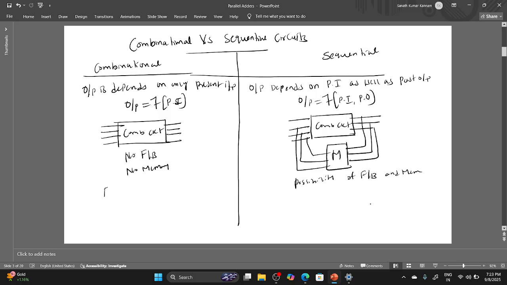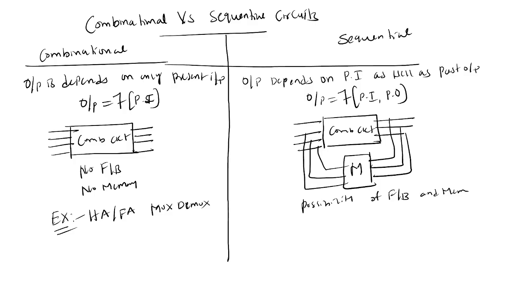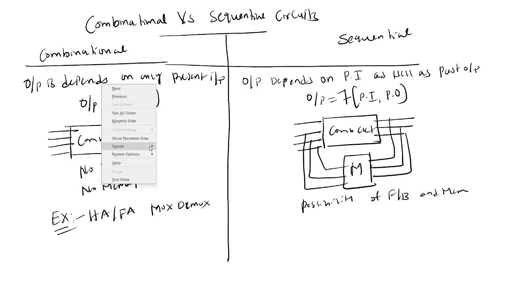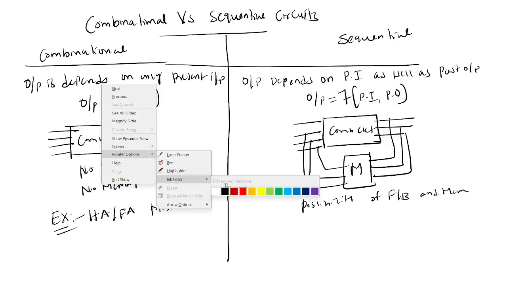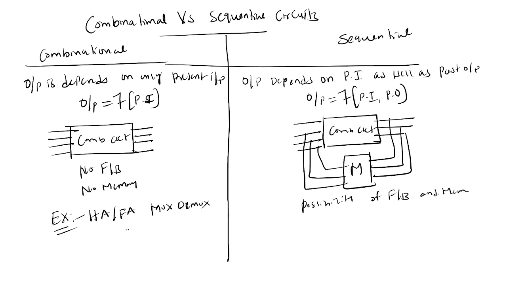Examples: half adder, full adder, mux, demux, comparator, and code converter.